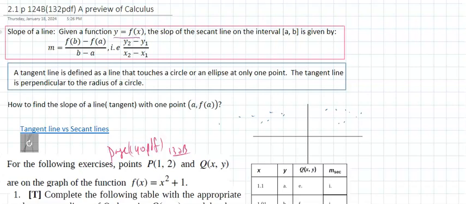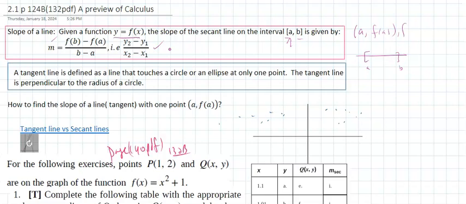The slope of the secant line on the interval AB, that's from x equals a to x equals b, is given by simply the slope of the line, y2 minus y1 over x2 minus x1. So notice, if I have a, y is f of a, because we start on that interval from a all the way to b.